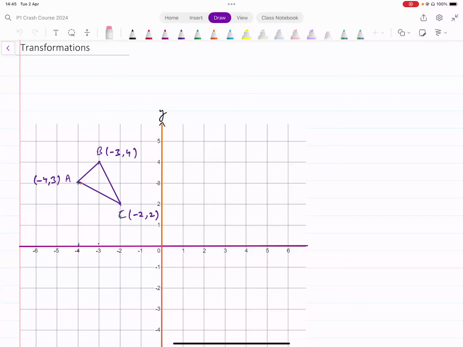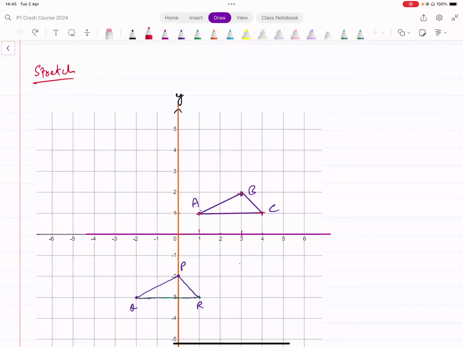And then there's one new type of transformation that you have in A-levels, and that is stretch. So we have reflection, translation, and stretch. These are 3 different transformations that you need to know about. Now let's start with reflection first of all.